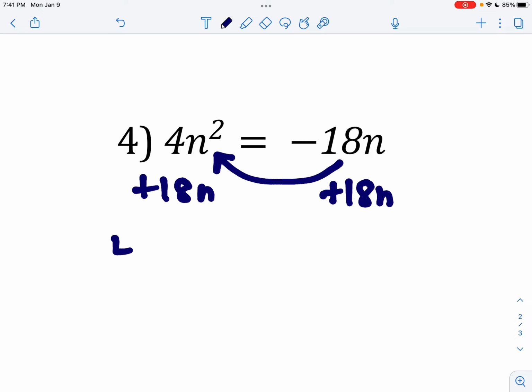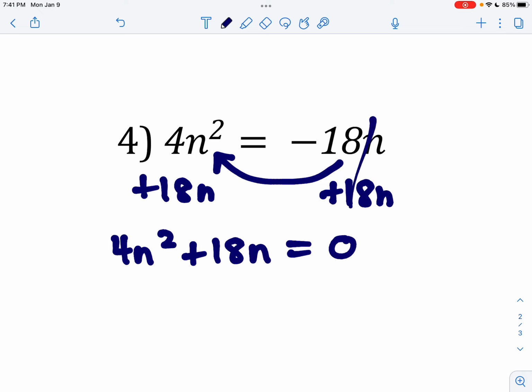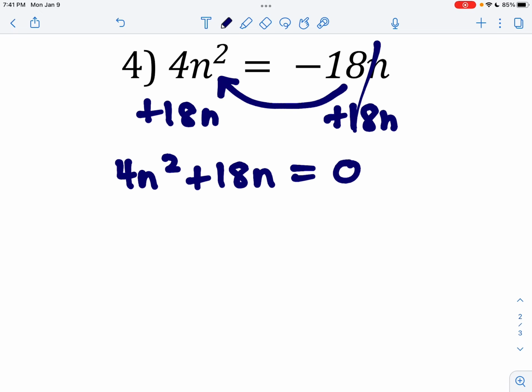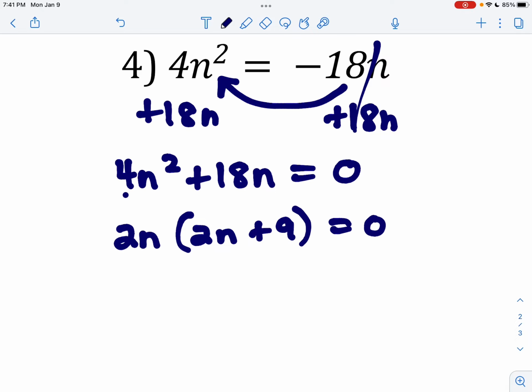That's going to give me 4n squared plus 18n equals 0. Now I can use the zero product property by factoring out the greatest common factor. So out of 4 and 18, the greatest common factor would be 2n. Then I have 2n plus 9 is equal to 0.